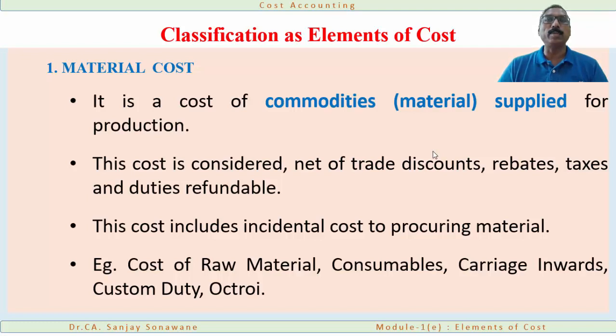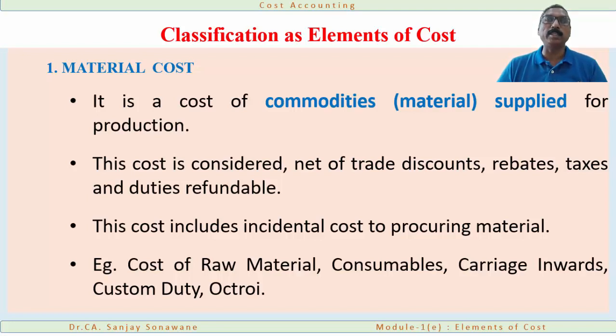Carriage inward is an example of incidental expenses to a material. When you purchase a material, you are paying transport charges for inward carriage of the material. So this is called cost incidental to purchase of material, and it is also treated as a material cost. Custom duty and octroi are two other examples of additional costs incurred when we purchase the material.